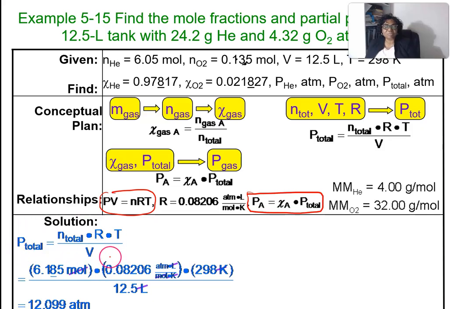So you can just sum up the total number of moles of the gases and get the total pressure directly, or you can find the partial pressure of the gases and sum them up. It will still give you the same answer. But to summarize everything, sum up the number of moles of the gases, put it in your ideal gas equation, and you get the total pressure of the gas.